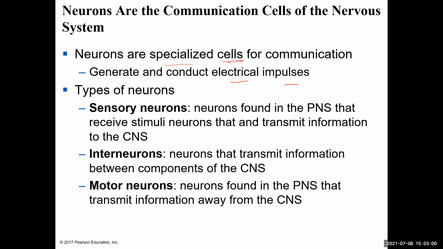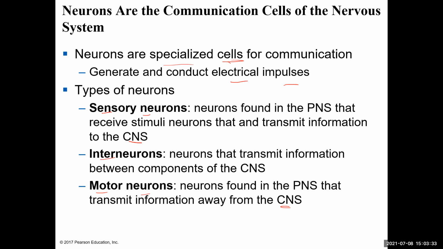And there are different types of neurons. You have your sensory neurons and your motor neurons, and they have the exact same function as the sensory nervous system and the motor nervous system. So sensory neurons receive stimulus and transport it to the CNS. Motor neurons take information from the CNS and transport it to other target cells, tissues, muscles, organs, etc.